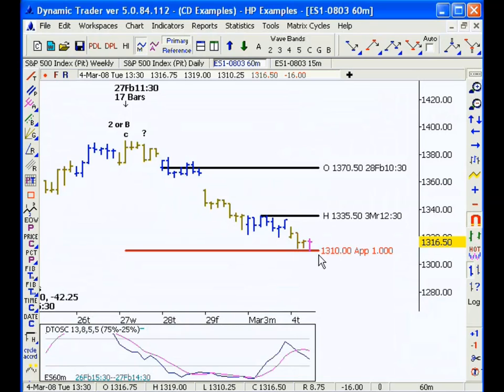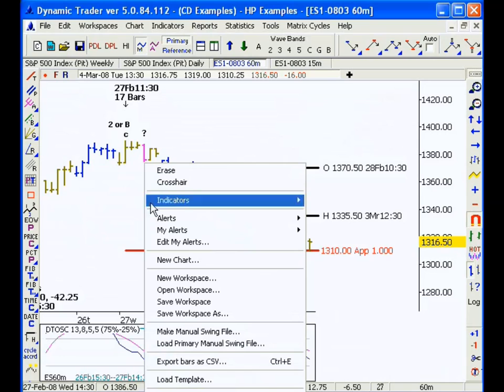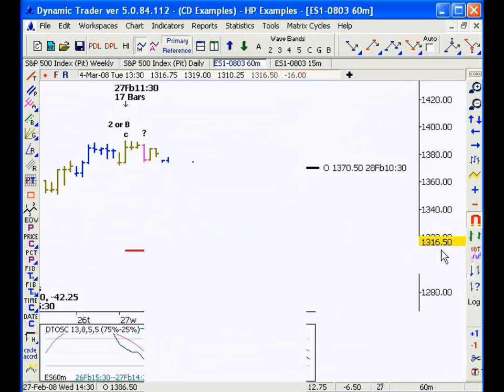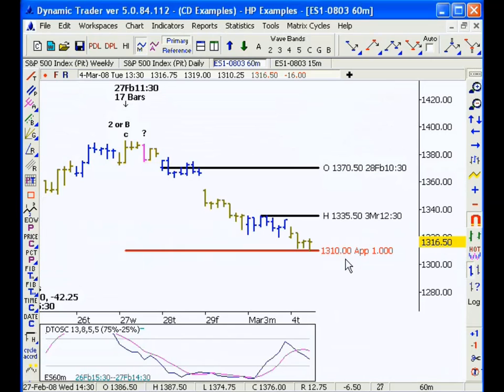We've hit the 100% alternate price projection, so let's put that alert in. Now, as of the last bar in the chart, the high is 1319, so we'd have our adjusted stop at 1319.25. Now let's go ahead and add some bars.